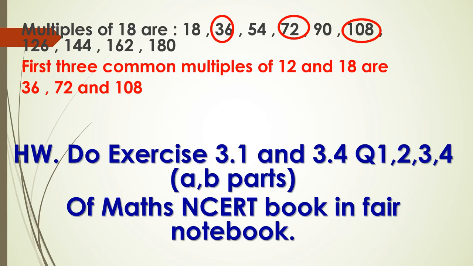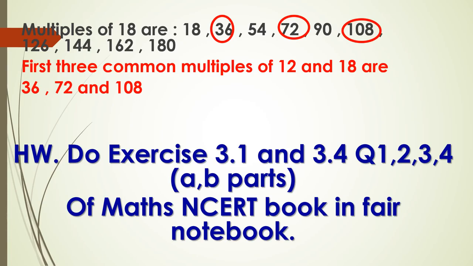Factors are finite in number, but multiples are infinite in number. Every factor of a number is less than or equal to that number, but every multiple is either greater than or equal to that number. Okay? Then we have done common factors and common multiples.